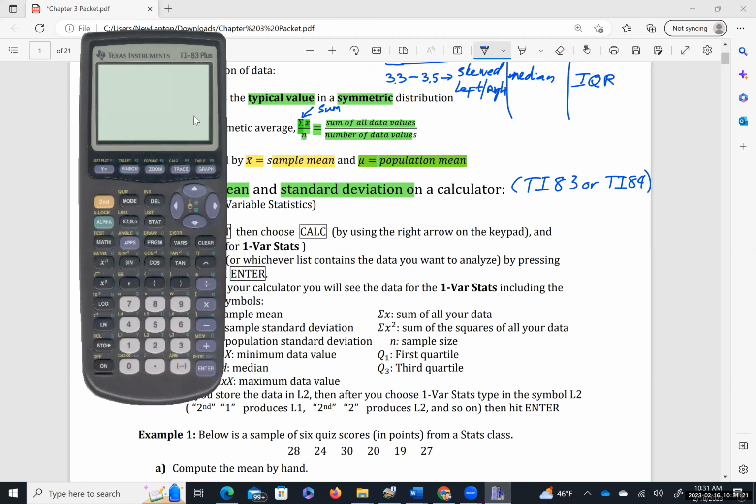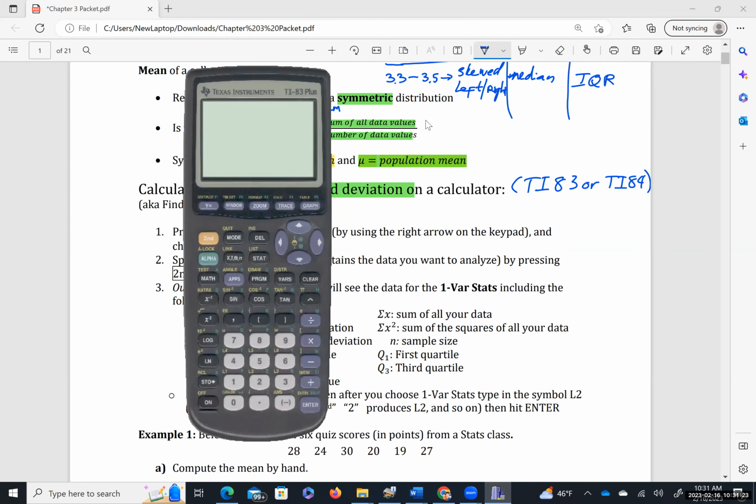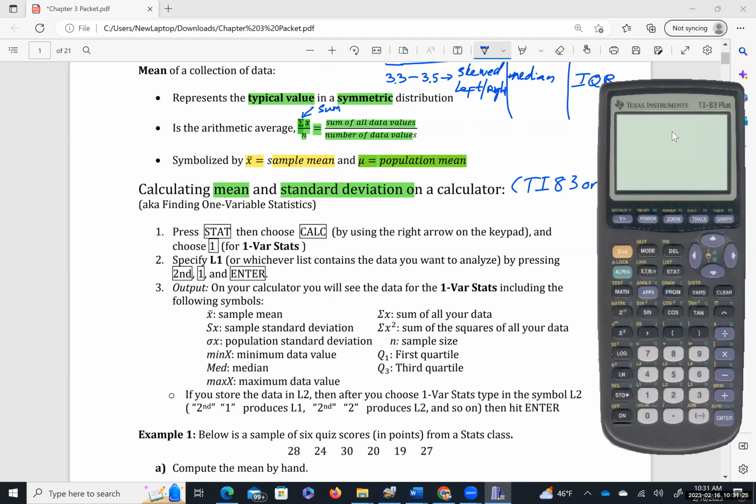That's going to be really helpful for you to find mean and standard deviation on calculators. By the way, I also will help you to use Crunch to handle these two things.